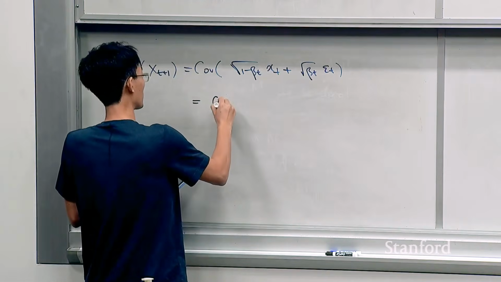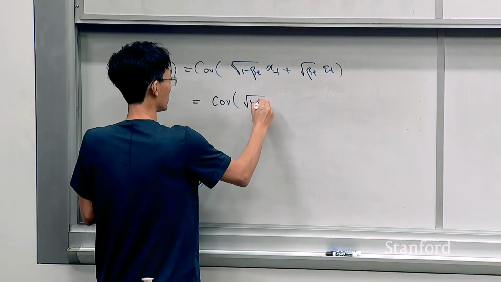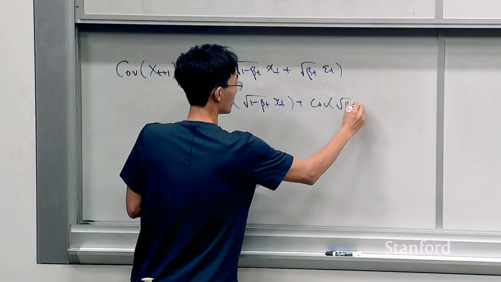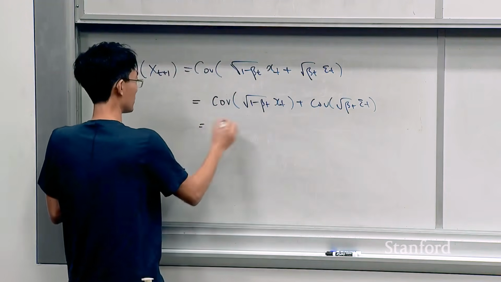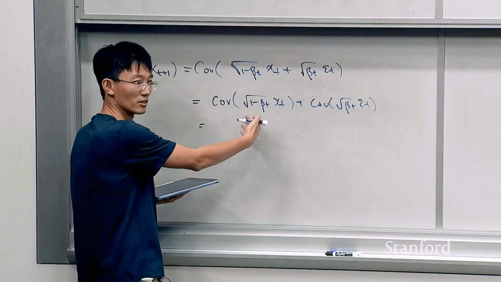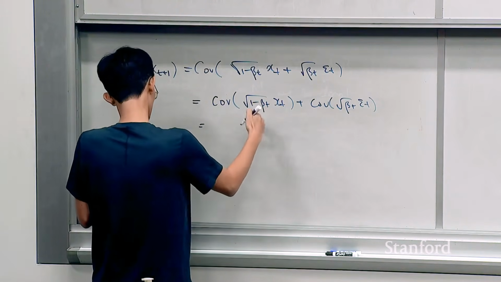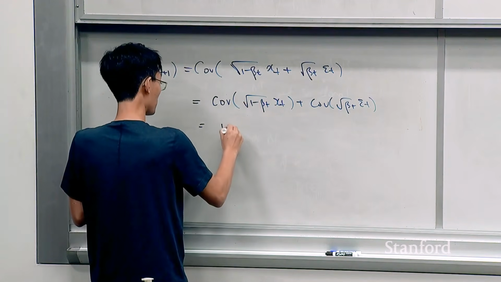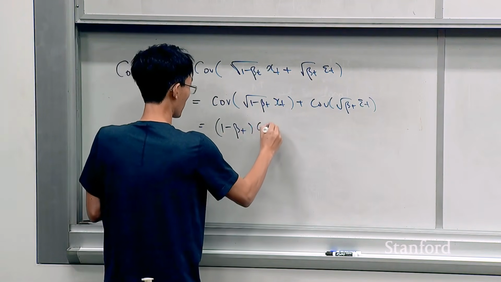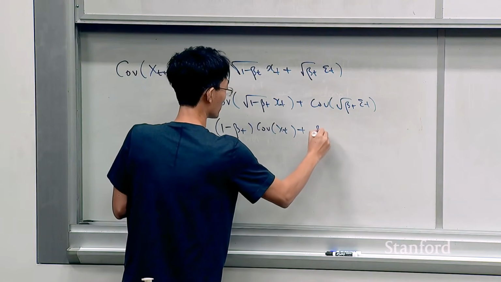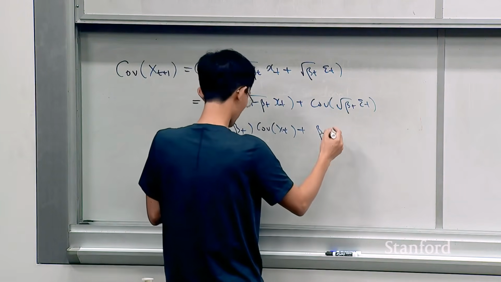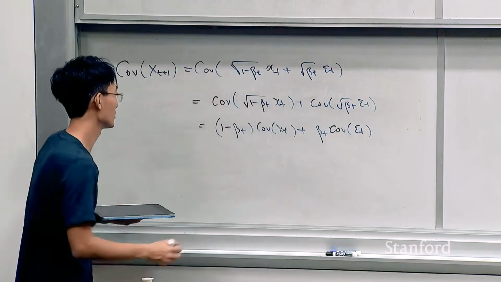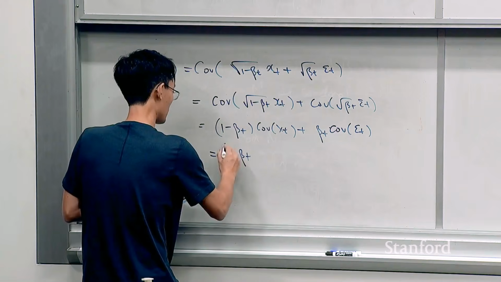And the covariance is a quadratic function, right? You can pull the constant out and you get the square of it, so you get 1 minus beta t times the covariance of xt plus beta t times the covariance of epsilon t, which is the identity. So in some sense, I guess maybe I just write this.